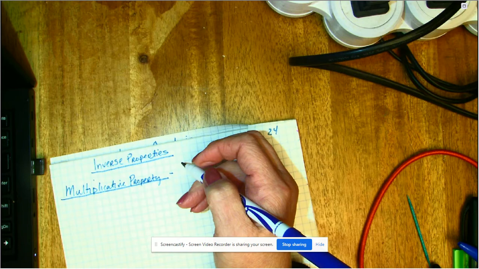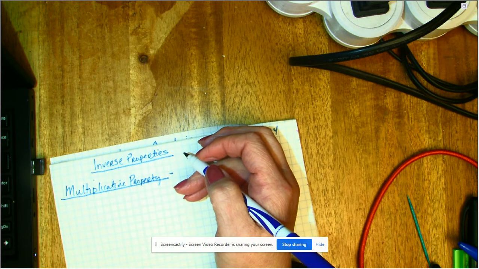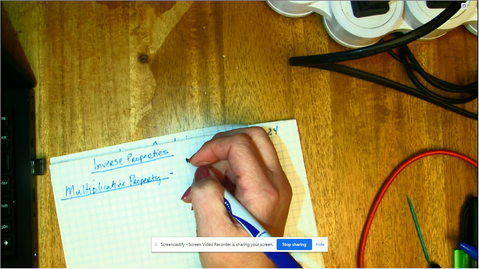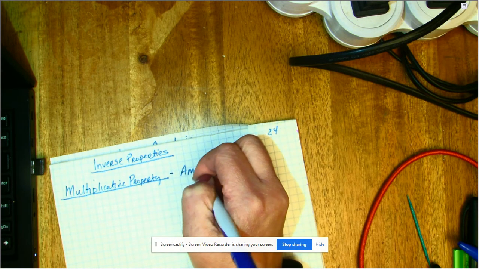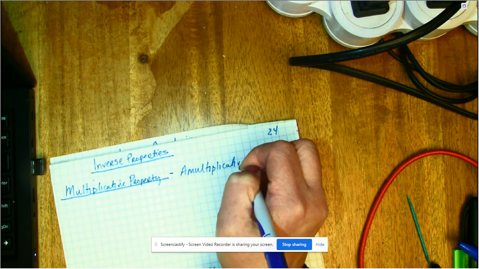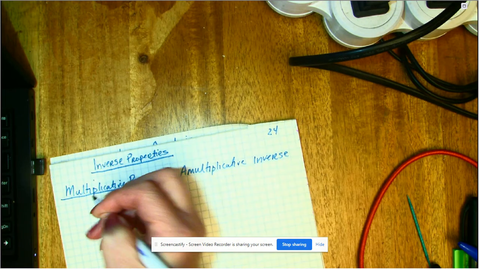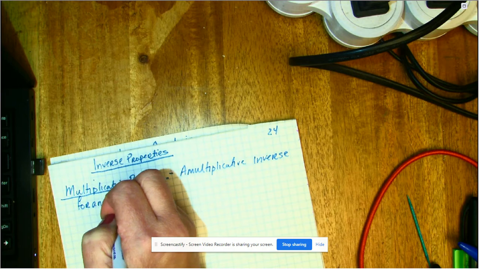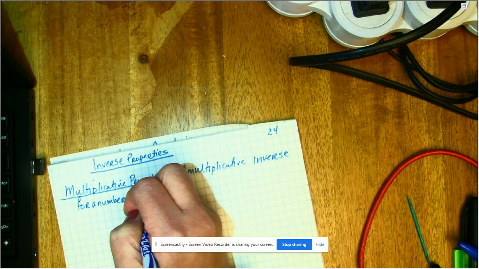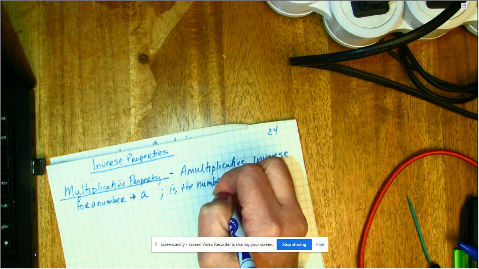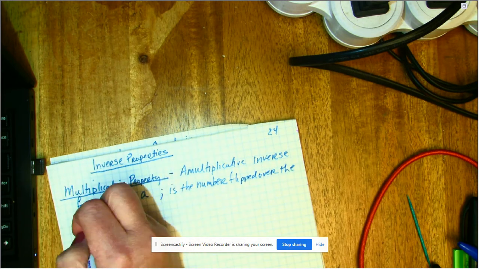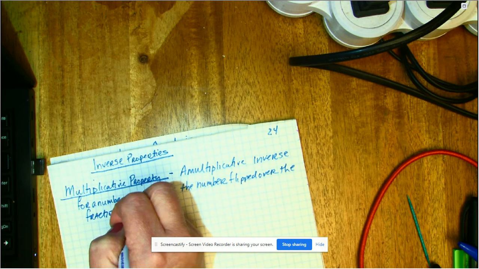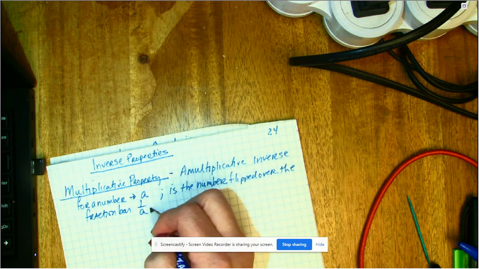And basically what this tells us is a multiplicative inverse for a number A is the number flipped over the fraction bar. Right? So 1 over A. And this is actually called the reciprocal.